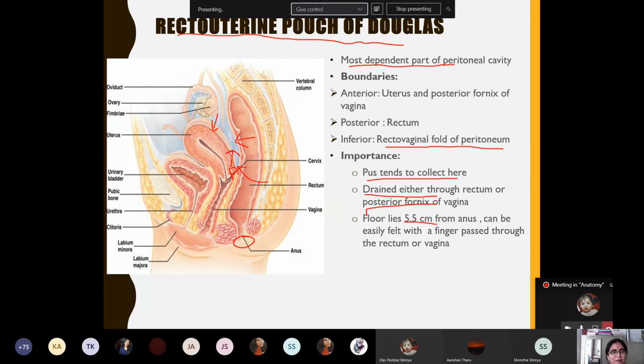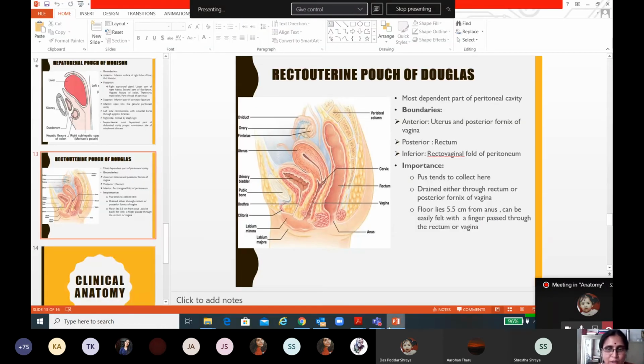And you can easily palpate this by per anal examination or per vaginal examination by passing the finger through the rectum or vagina. So this is the important part of the peritoneum.